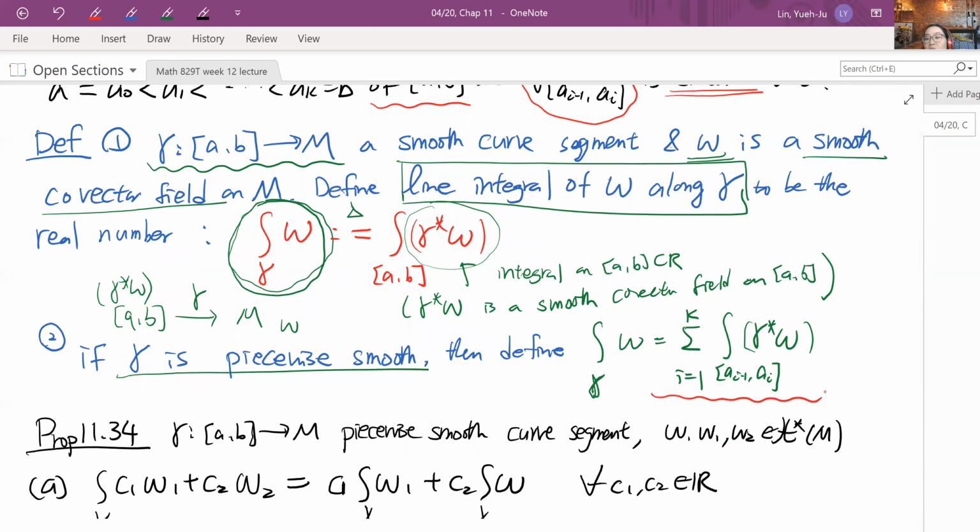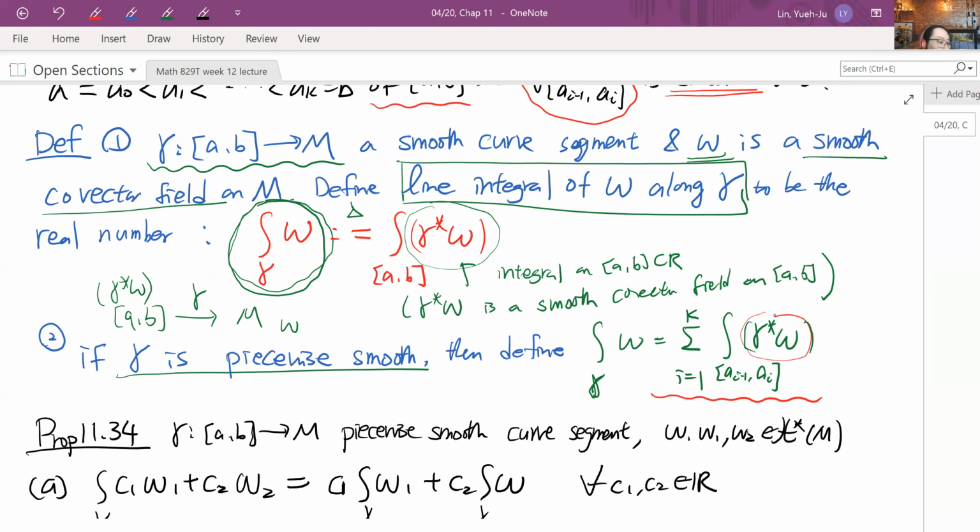So we pull back the covector omega, do the integration on each smooth piece, and sum them up. It's like when you do the integration in Calc 2: if you have a finite number of discontinuity points, you can still do the integration. It's not going to affect the value of the integral.